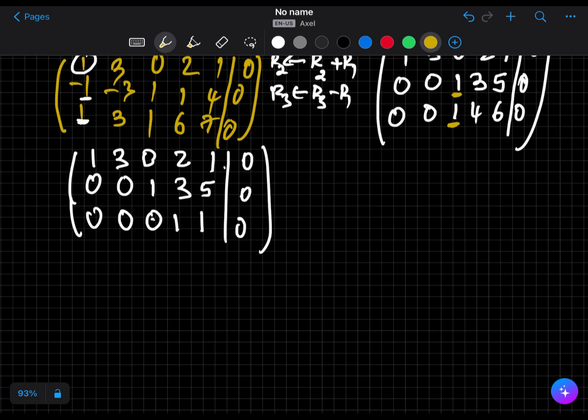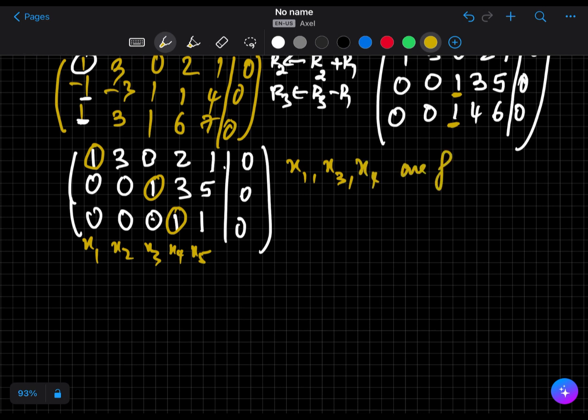From this reduced form, we have the variables x1, x2, x3, x4, x5. We can see that this is a pivot, and this is a pivot, and this is a pivot. So x1, x3, and x4 are fixed variables, and x2 and x5 are free variables.